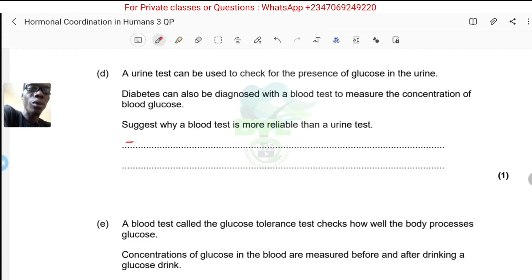Well, for one thing, glucose is always present in the blood, so it might be absent in the urine.